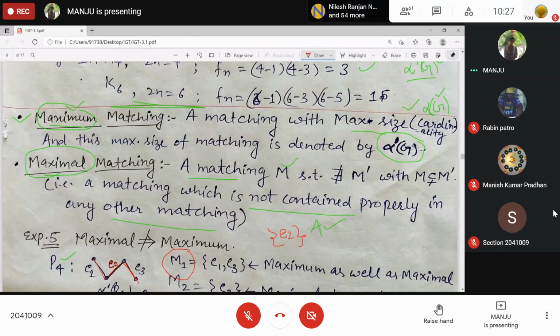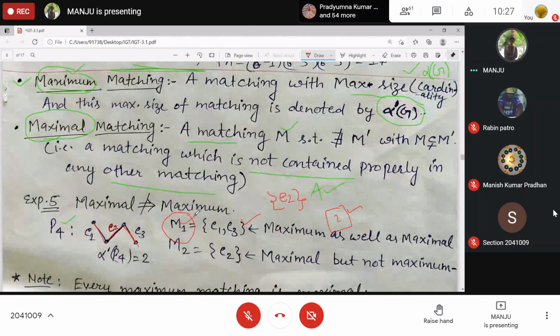Maximal, not maximum. Maximum is the one with cardinality two, since we got a matching with cardinality two, so anything below two cannot be maximum. But it can be maximal. For example, take E2, which cannot be extended. E2 is not contained in any other matching. So this will be maximal but not maximum, and every maximum will be maximal. This implies that, but not the reverse.